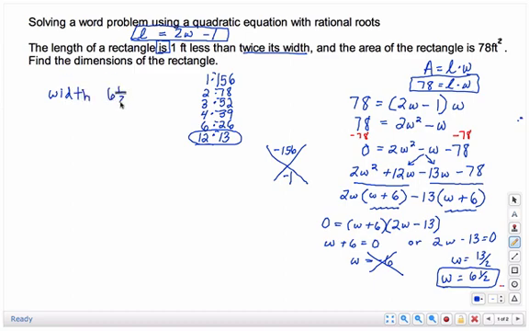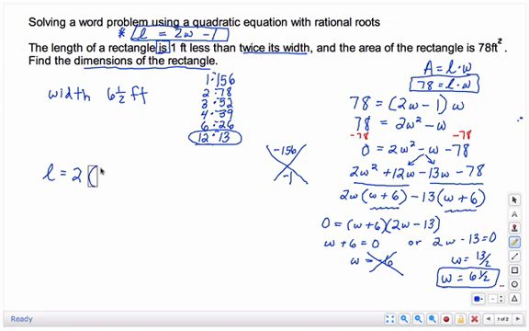Are we finished? Nope, we're not finished. They wanted the dimensions of the rectangle, so that means we need length and width. So now we're going to go back and substitute back into this equation up here. Length is the same thing as 2 times the width minus 1. And we're going to replace that width with 6 1/2 feet.